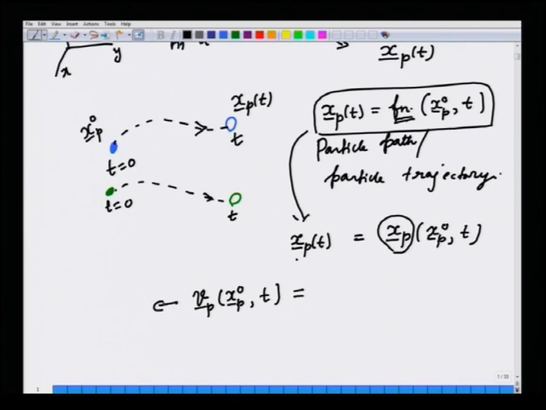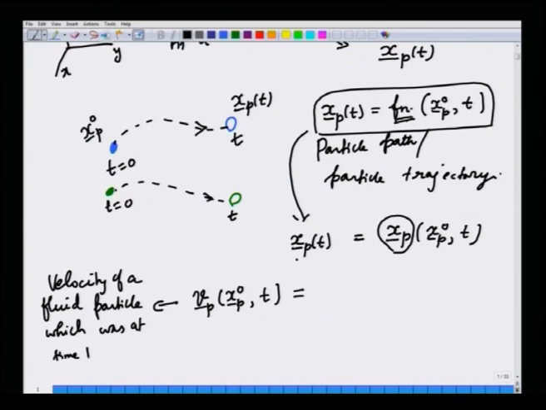This is the velocity of a fluid particle which was at time t equal to 0 at x p 0.